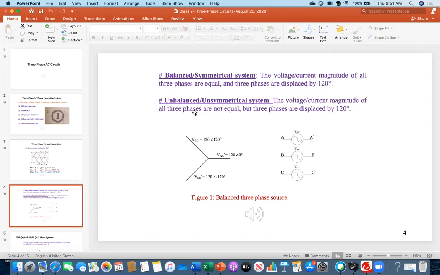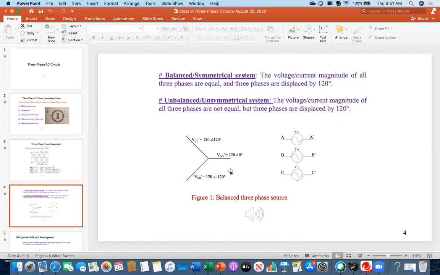Now, what is the unbalanced or unsymmetrical system? The voltage and current magnitudes of all three phases are not equal. I mean, the three phases could be displaced by 120 degrees properly, but their magnitudes are unequal. For example, in this case, all three phases have the same magnitude, 120 volt, 120 volt, 120 volt.